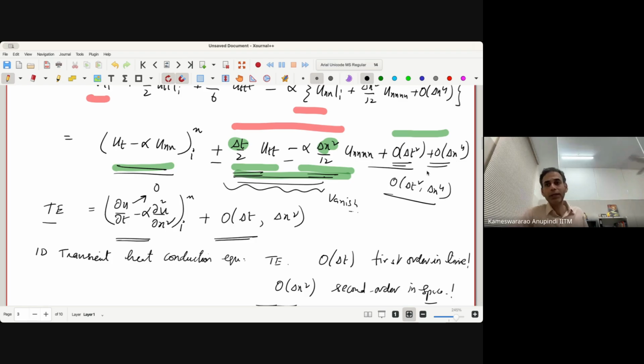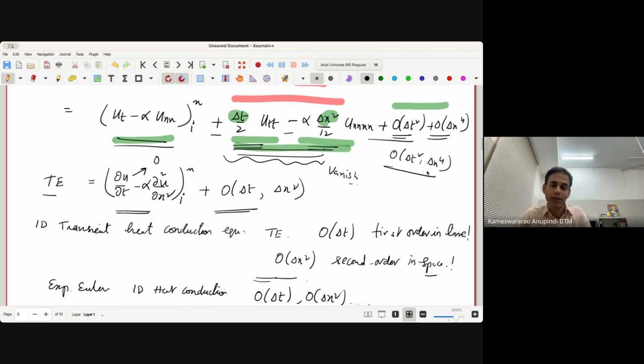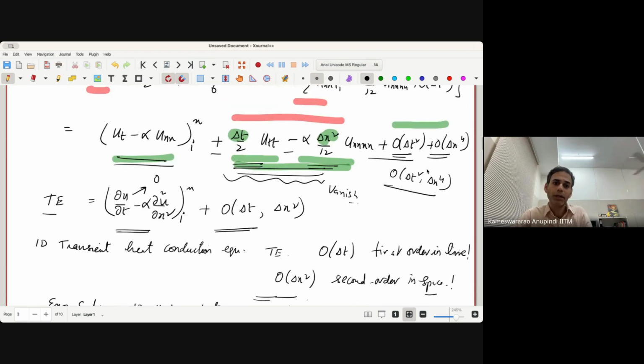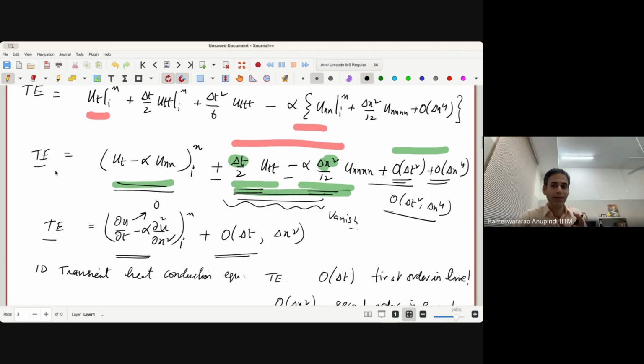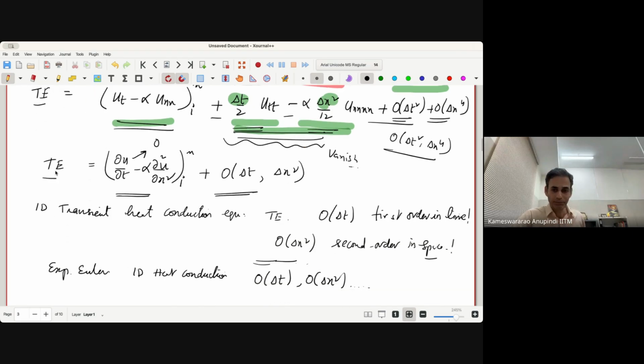Okay, so that is something interesting that this particular truncation error expression tells us, right? We can selectively choose delta t such that you can make the scheme behave like a higher order accurate scheme.